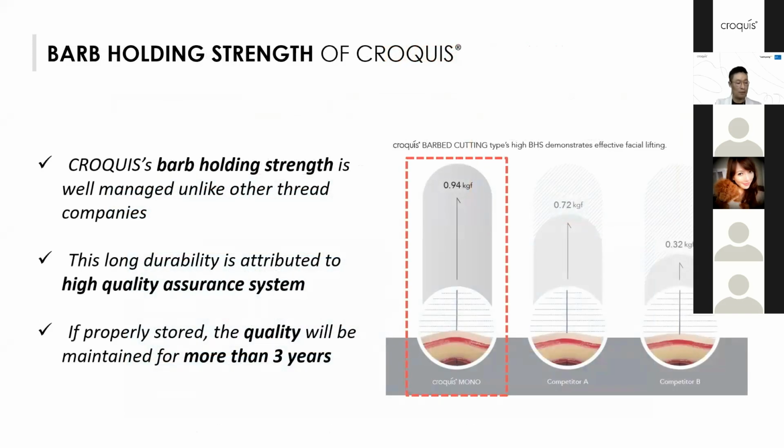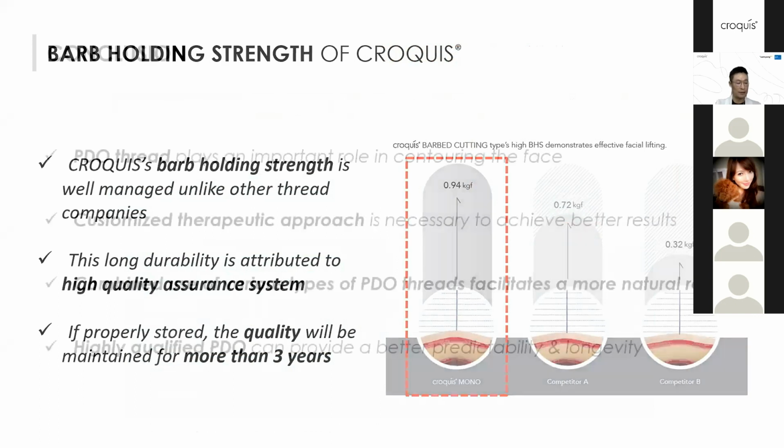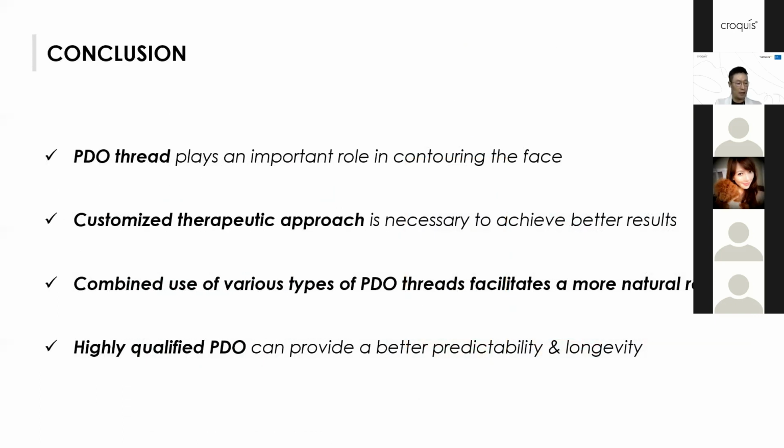Croquis' barb holding strength is well managed by a high-quality assurance system from Samyang company. As a result, Croquis has outstanding durability. If properly stored, the quality of Croquis will be maintained for more than 3 years. It's very surprising.